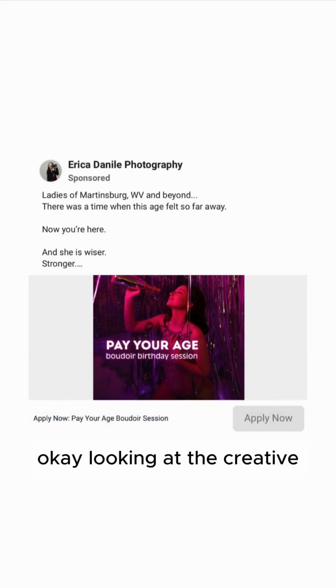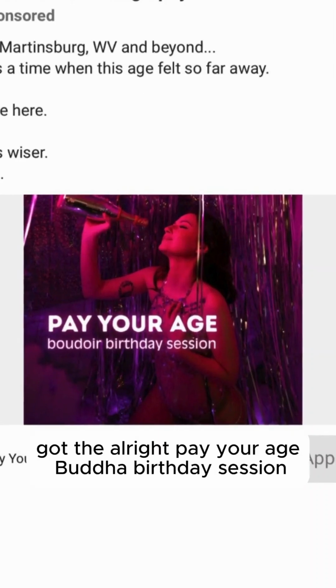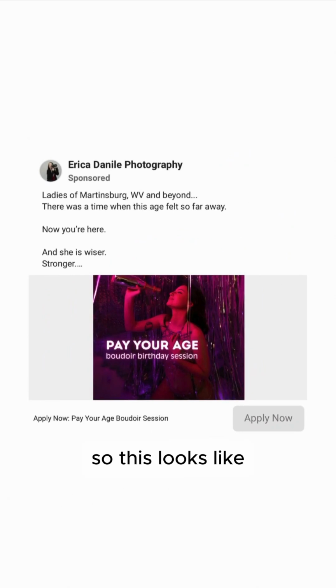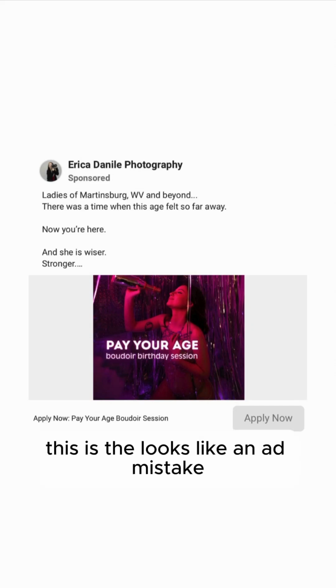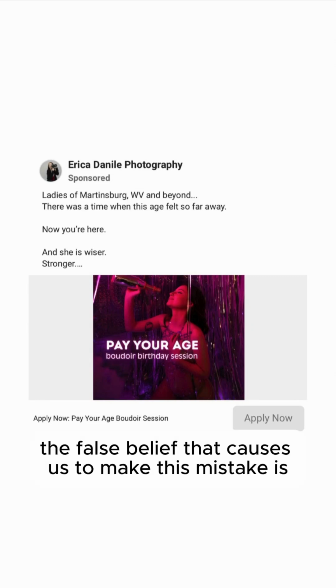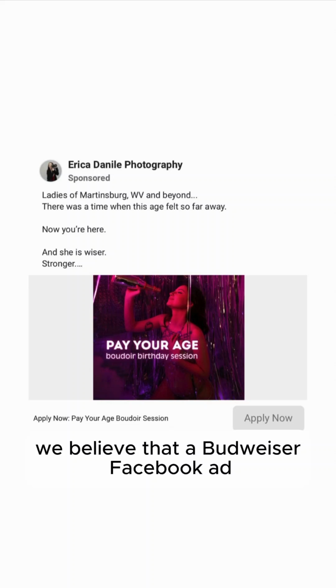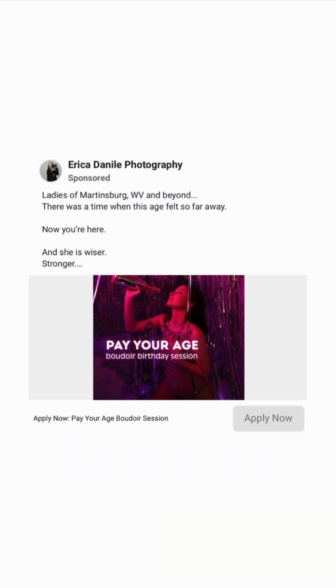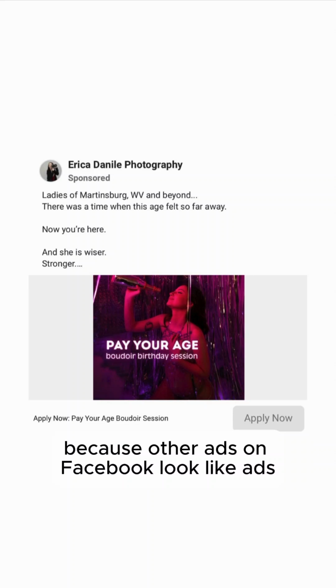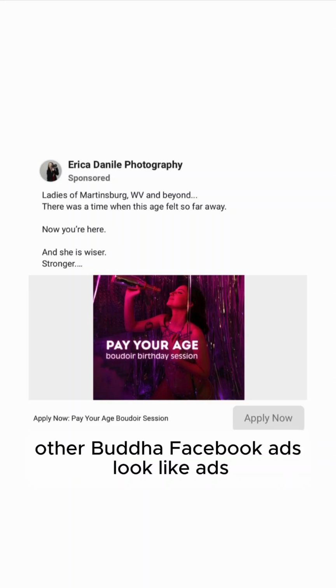Okay, looking at the creative, all right, pay your age, boudoir birthday session. So this looks like an ad mistake. The false belief that causes us to make this mistake is we believe that a boudoir Facebook ad should look like an ad because other ads on Facebook look like ads, other boudoir Facebook ads look like ads.